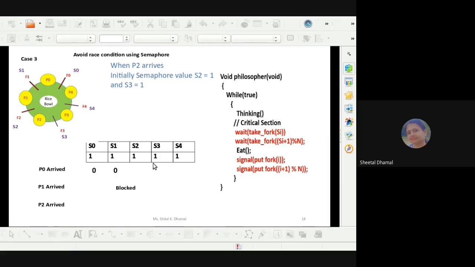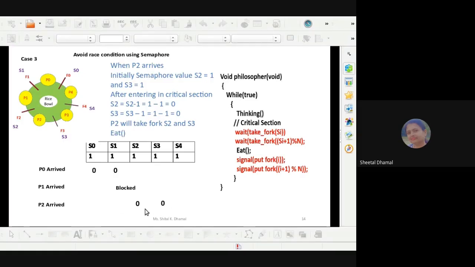So both values are 1, which means he can use both forks now. They are not shared and not used by another philosopher. So he will perform the down operation, that is, he will convert the values of S2 and S3 to 0. So S2's value became 0, S3's value became 0, and because of this P2 is able to eat. Now he is performing the eating operation.